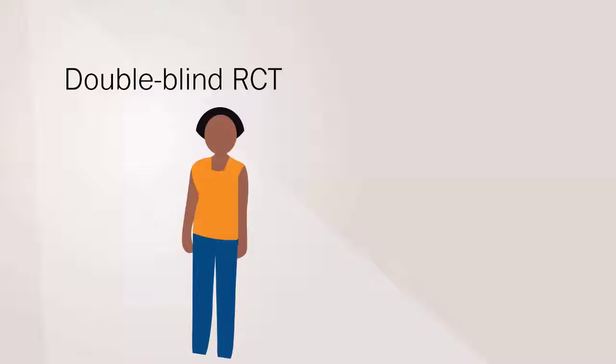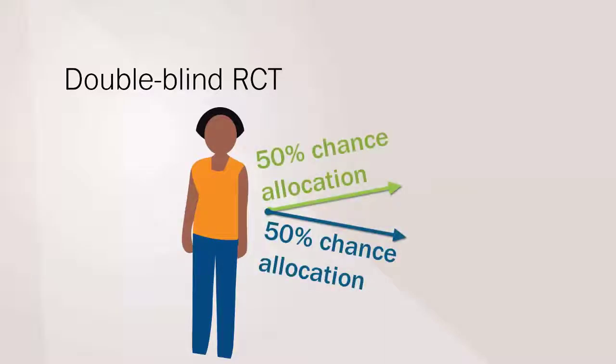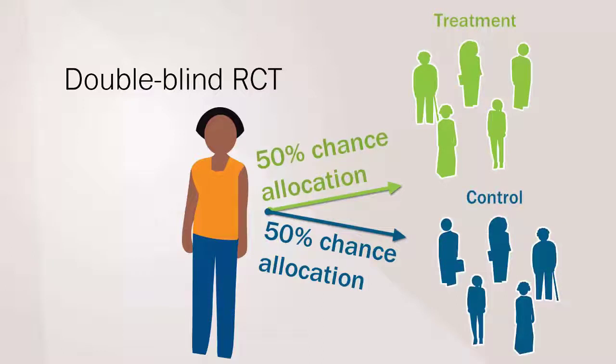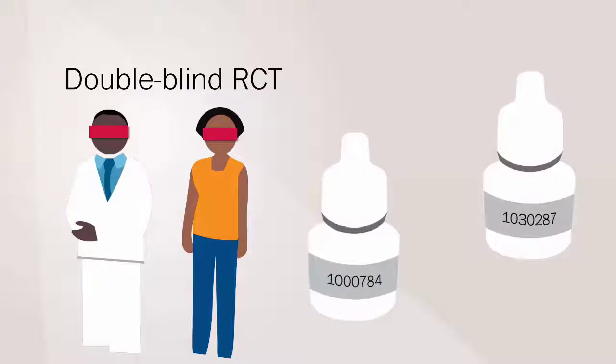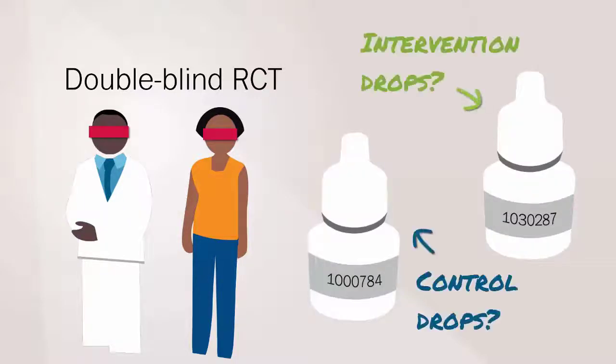In this design, individual participants are randomly allocated to receive either the intervention or the control. Both participant and investigator are blind to which arm of the RCT the participant belongs. In practical terms, for example for a treatment trial using drops, the container containing both the intervention and control drops would be coded so that it is impossible to tell what each container contains.